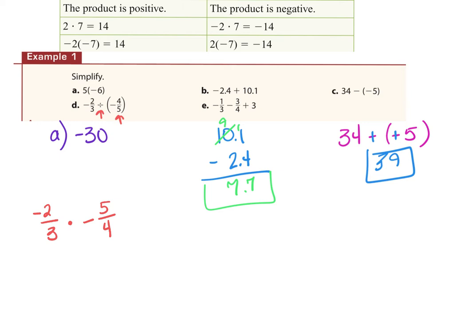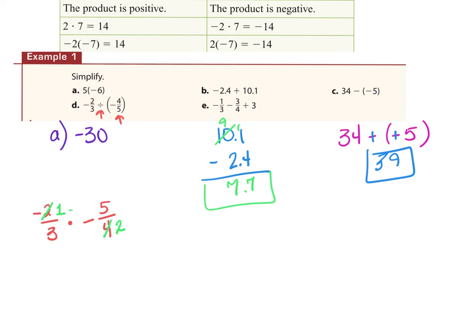So we're going to look, the 2 over the 3 cannot reduce. The 5 over the 4 cannot reduce, but what can reduce? The 2 and the 4. So I can say, well, I know that 2 divided by 2 is 1 and 4 divided by 2 is 2. And I can cross cancel. And then once I've done that, I just multiply across.